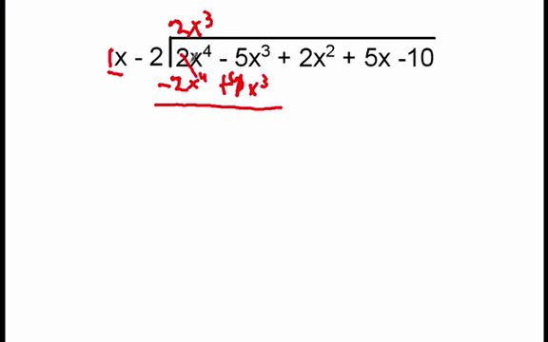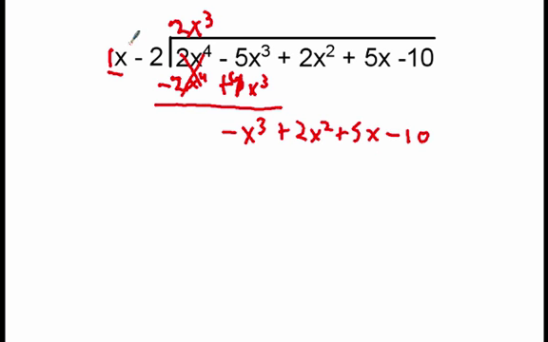So these cancel out and give us 0. Negative 5x cubed plus 4x cubed gives me negative x cubed. Bring down the rest of our terms, plus 2x squared plus 5x minus 10.